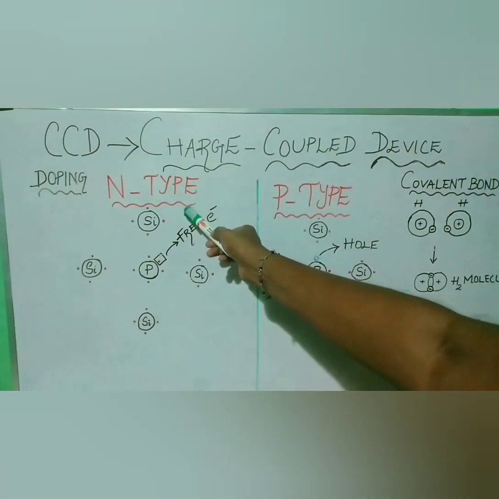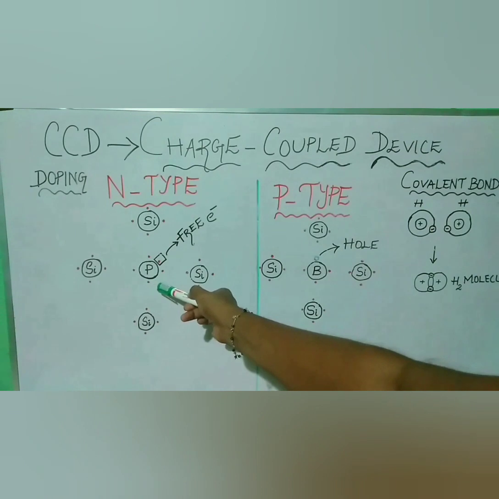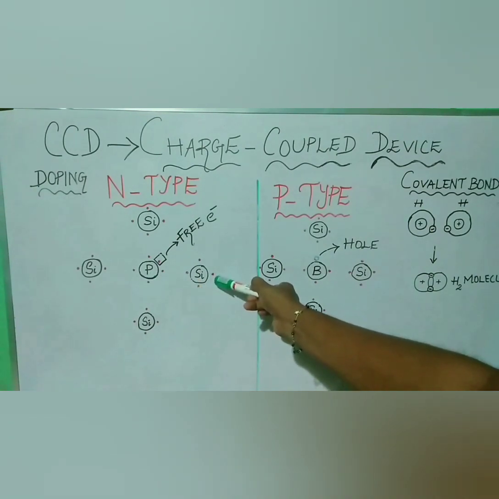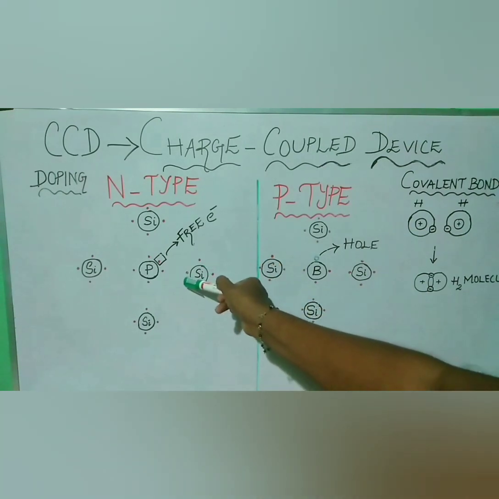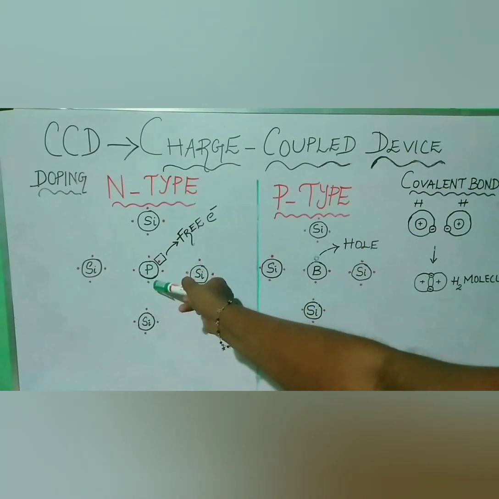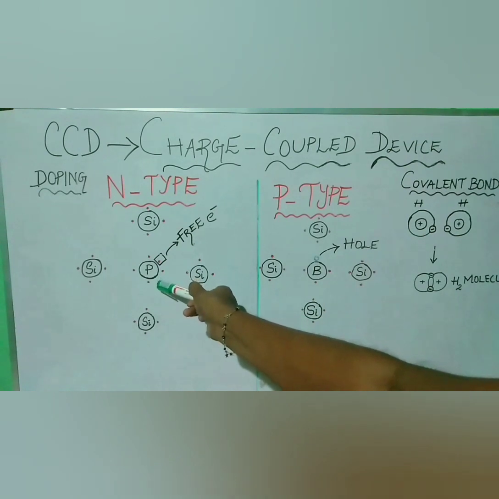How is this N-type semiconductor material getting formed? When a pentavalent impurity such as phosphorus is added to pure silicon atom, which is having 4 valence electrons, 1, 2, 3 and 4. This phosphorus is having 5 valence electrons, 1, 2, 3, 4, 5. That's why it is called as pentavalent impurity.